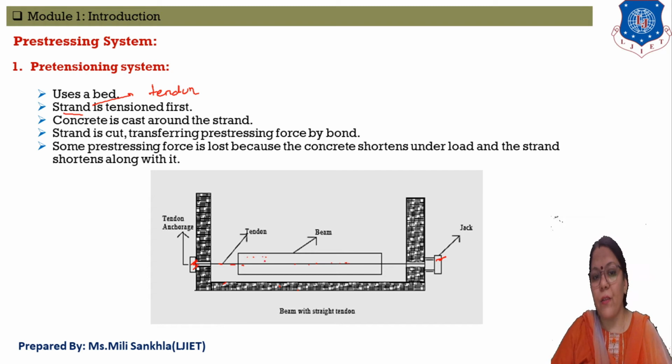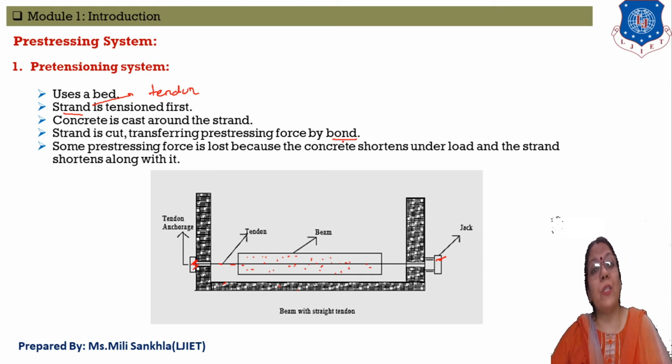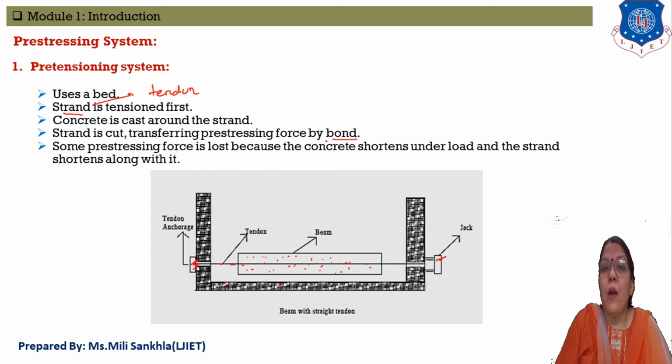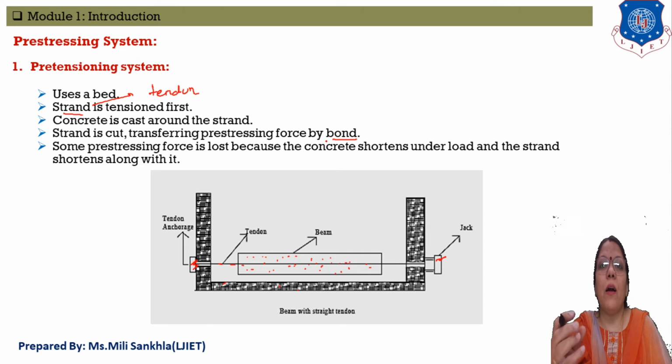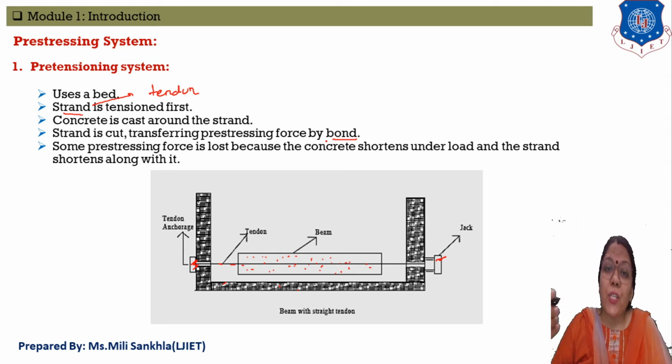Then after the strand or tendon is cut, the pre-stressing force is transferred by bond. How is this pre-stressing force transferred from one material to another? Because concrete and steel have bonding between them, the pre-stressing force is transferred from one material to the second material.